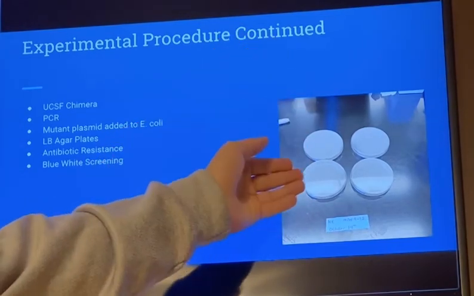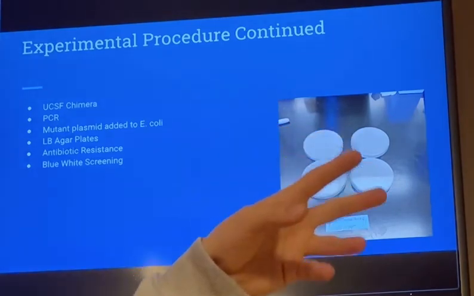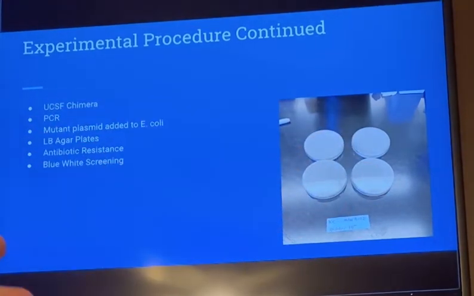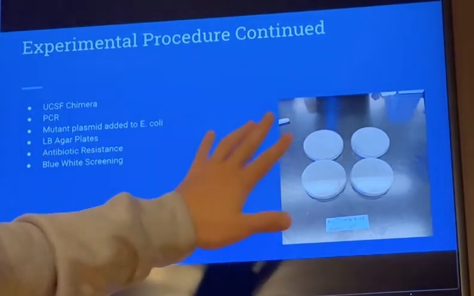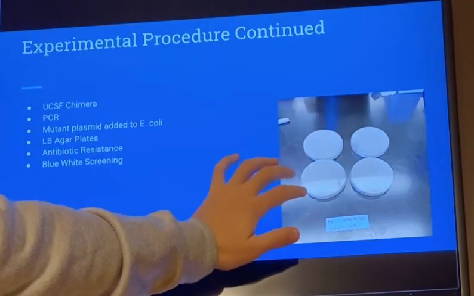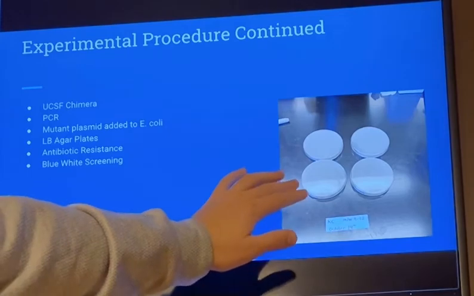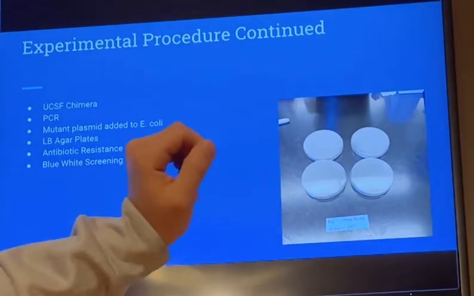These plates, which have our antibiotic on them, will tell us what these bacterial colonies have. Let me back up. We take the transformation, add it to these clindamycin antibiotic plates, and wait for a day or two, then come back and see what we have.